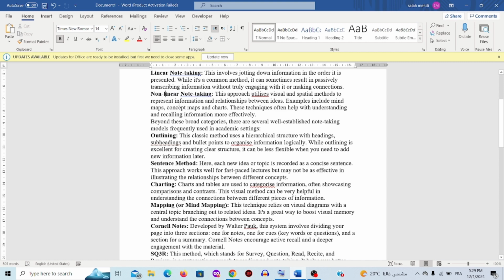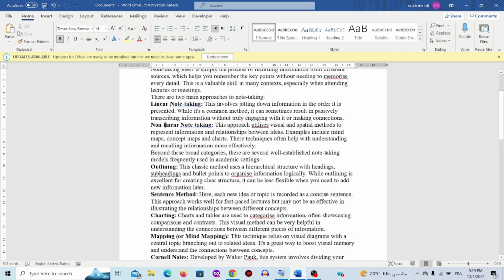There is another approach in note-taking, which is non-linear note-taking. This approach uses visual and spatial methods. So you are going to use something visual, يعني in Arabic we say مرئي, to represent information and relationships between ideas.